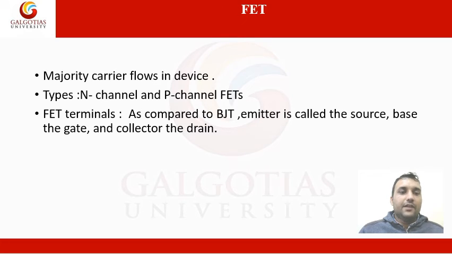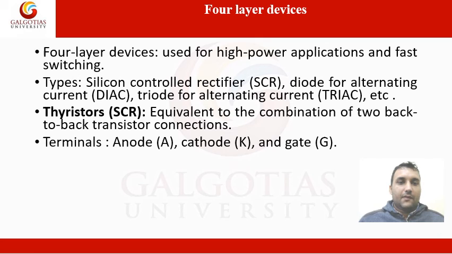Next is FET. The majority carrier flows in the device. This is N type channel and P channel. The FET terminal as compared to the BJT: the emitter is called the source, the base is the gate, and the collector is the drain. The four-layer devices are used for high power applications and fast switching.